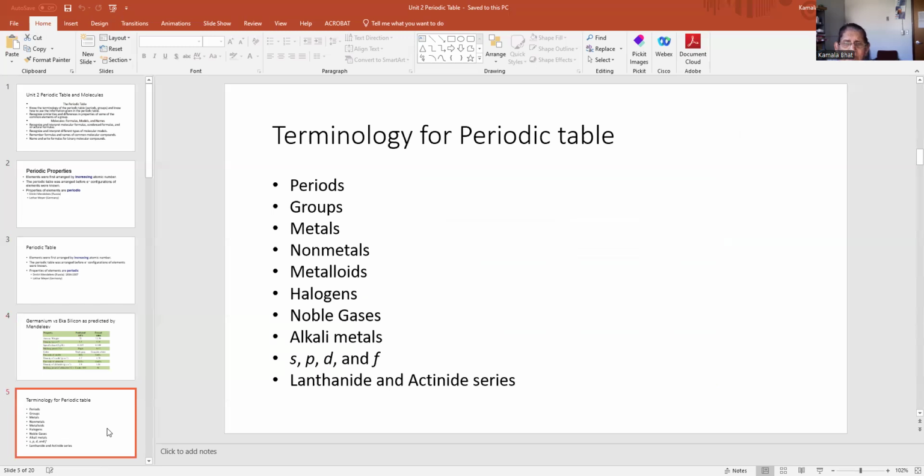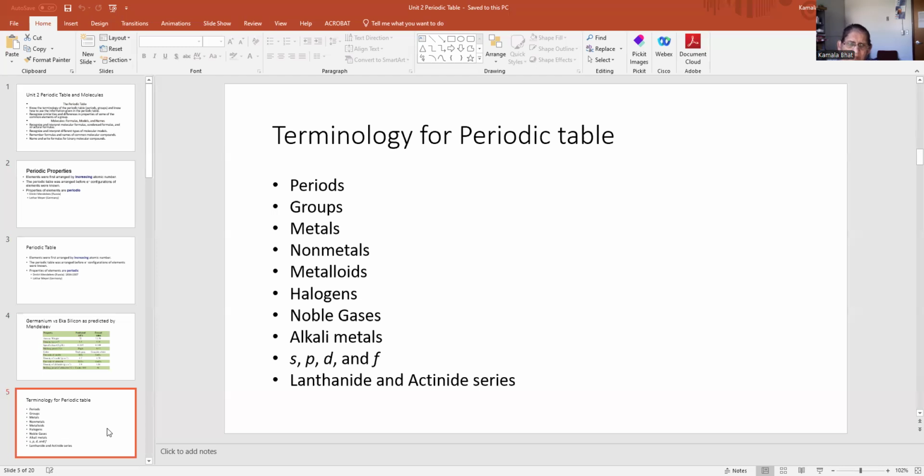Now, when we look at the periodic table, we have to know certain terminology, and they are periods, groups, metals, non-metals, metalloids, halogens, noble gases, alkali metals, s, p, d and f, and lanthanide and actinide series. Now, all these metals, non-metals, metalloids, halogens, noble gases, and alkali metals generally are related to the position of the elements on the periodic table.